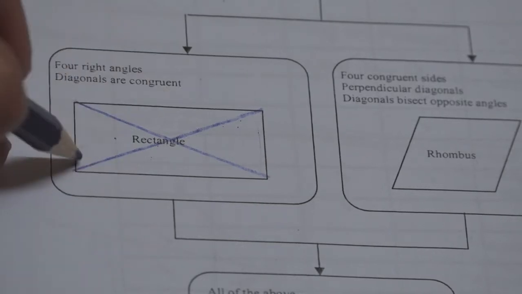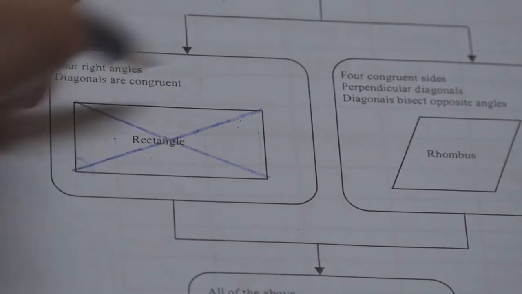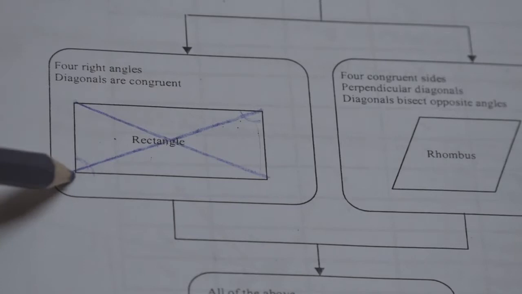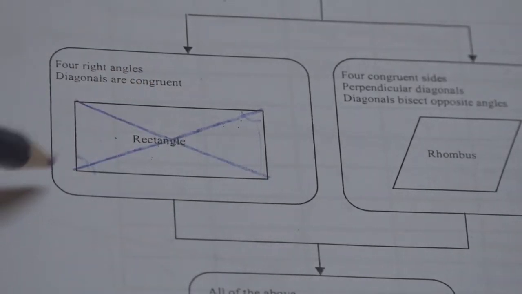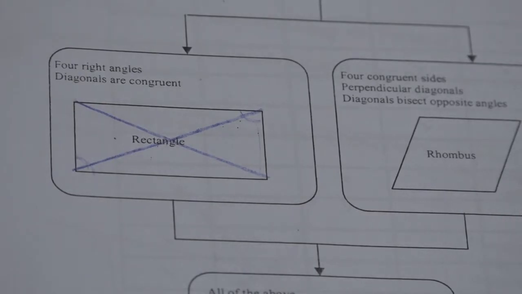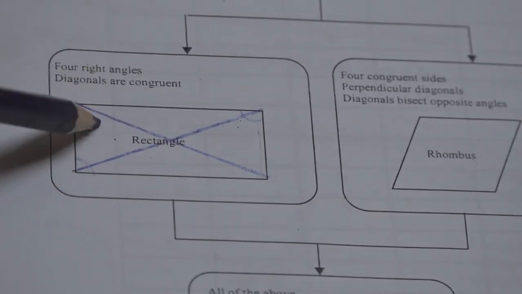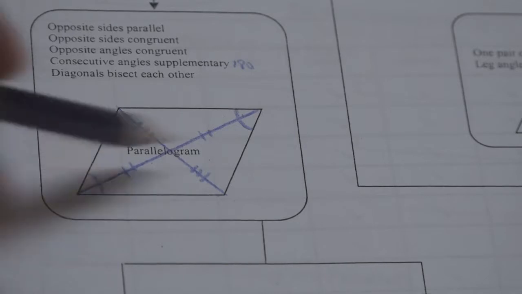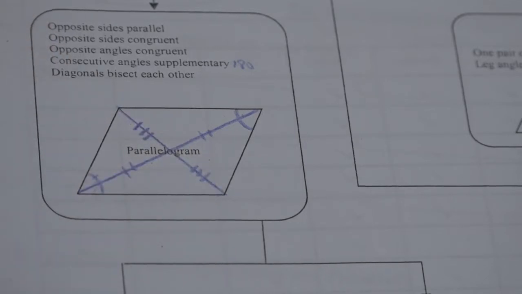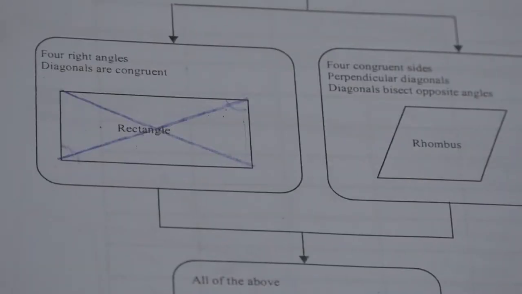Opposite angles are congruent. Consecutive angles add up to 180. They're supplementary. Diagonals bisect each other. And on top of that, I got 4 right angles, and the diagonals are congruent, which they were not in here. This diagonal is longer than this one. Make sense?